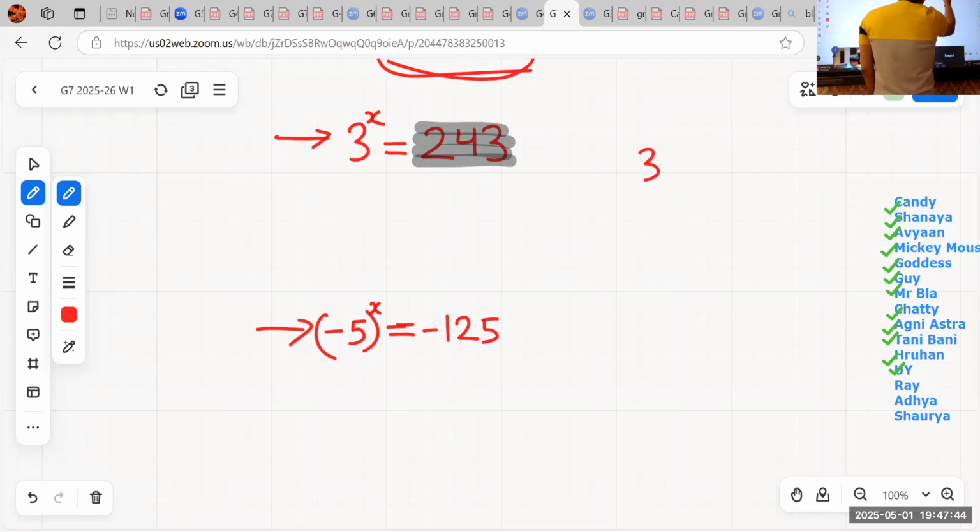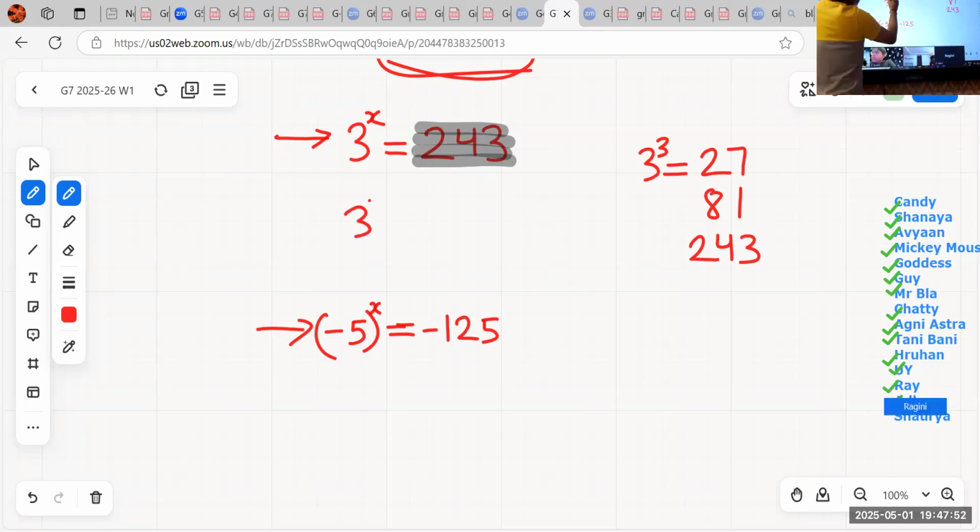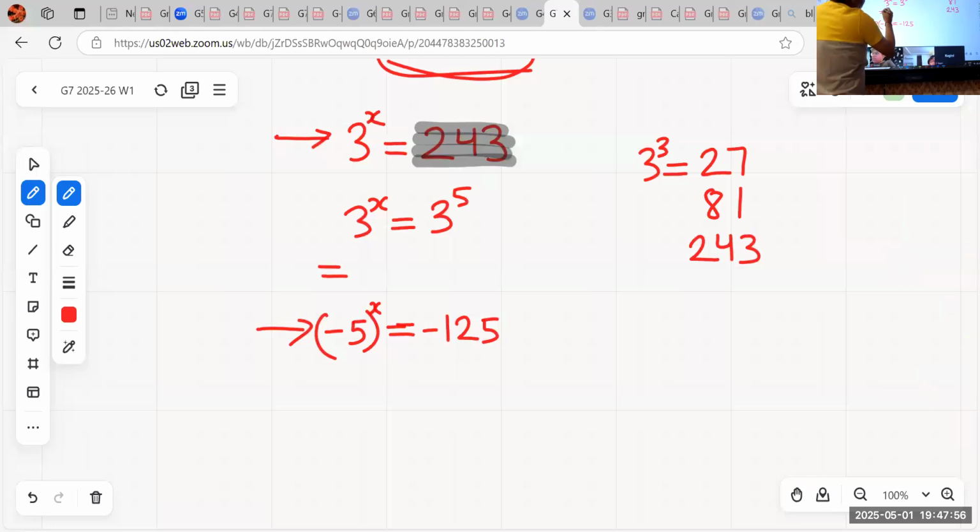I know 3 cube is 27, then 81, then 243. So this will be 3 to the power x is equal to 3 to the power 5, which implies x is equal to 5.